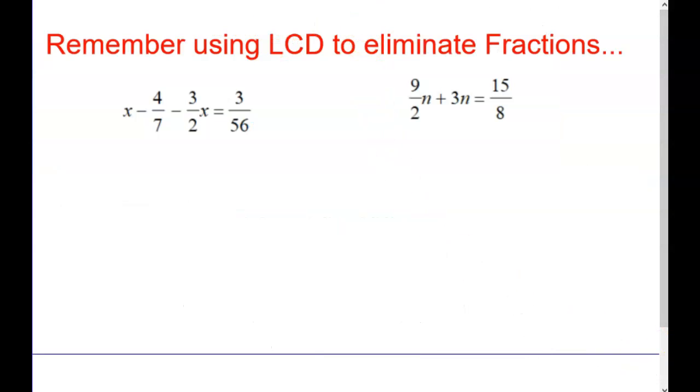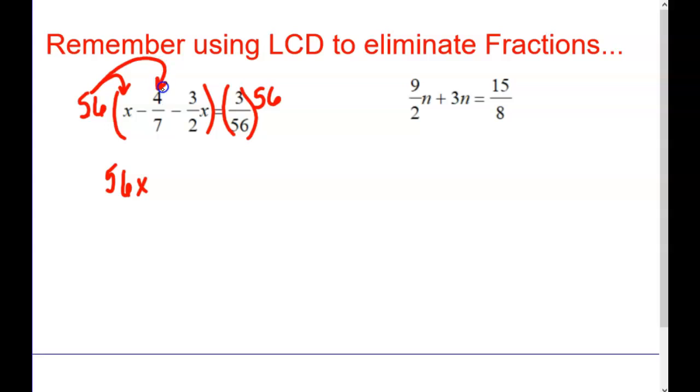You don't have these. This is just a reminder. Do you remember at the beginning of the year we did these? What would you multiply through by here to get rid of all the fractions? This was the first day or two of class. 56 would work. And then you would multiply 56 onto both sides by each term. So 56 times x, then 56 times 4 divided by 7, and you would type it in your calculator.